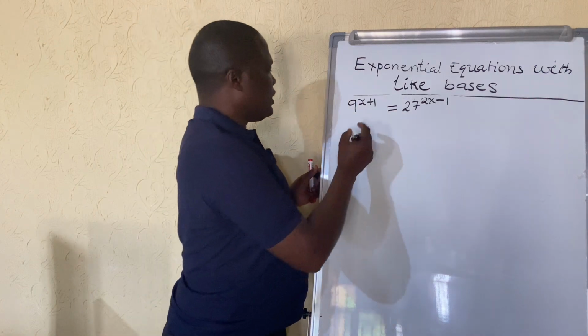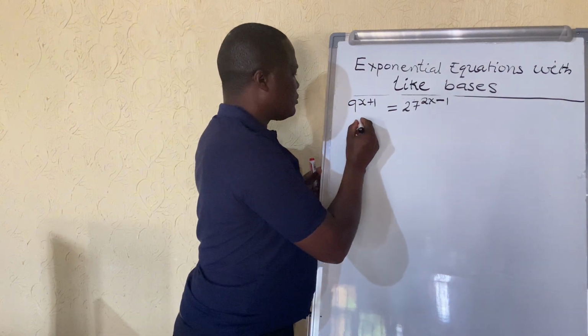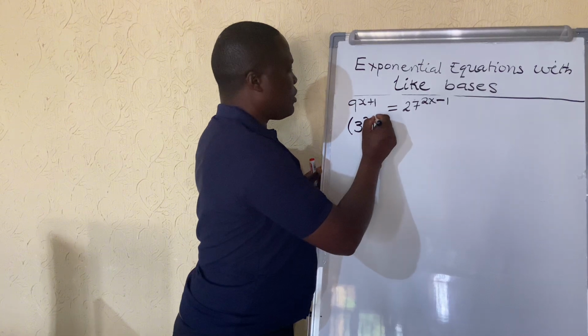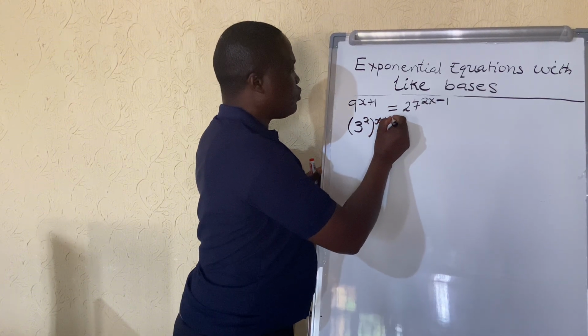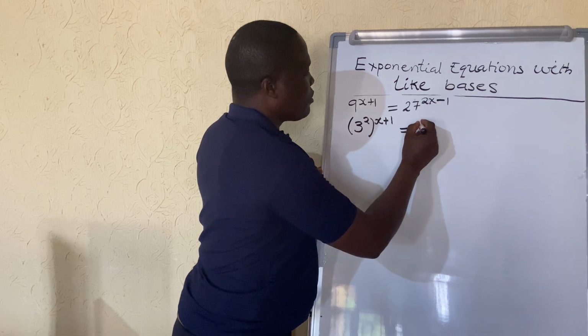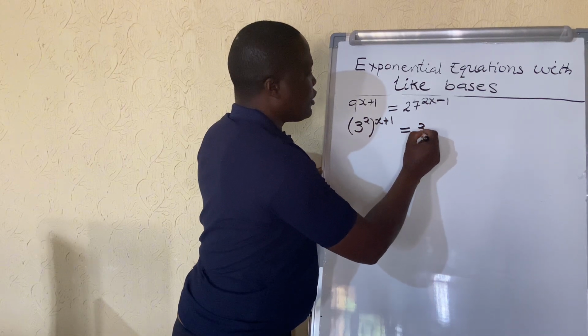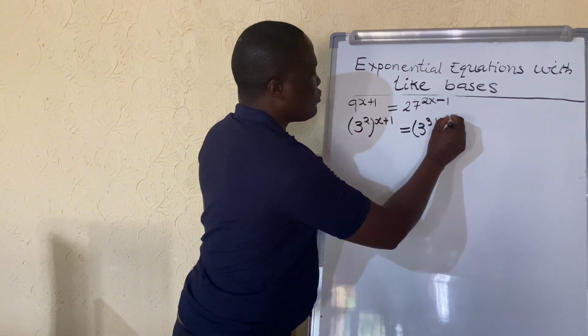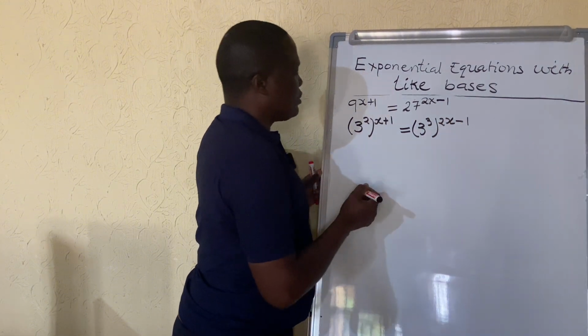So we can write the left hand side as 3 squared all raised to the power x plus 1 is equal to 3 cubed all raised to the power 2x minus 1.